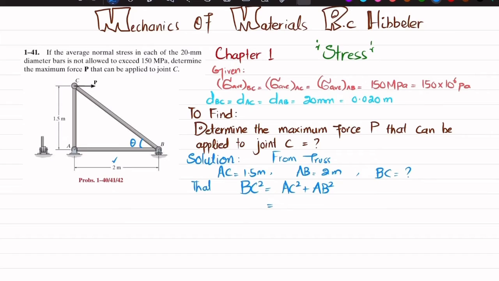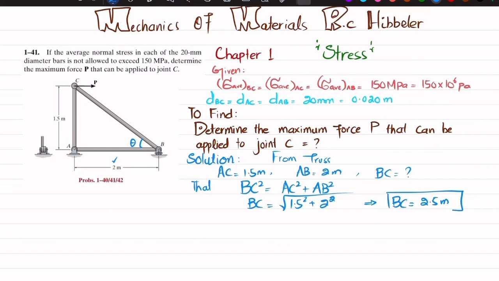Just put the values: AC is 1.5 square plus AB is 2 square, and taking the square root on both sides will give you the length of BC. So from here you will get BC equal to 2.5 meter.